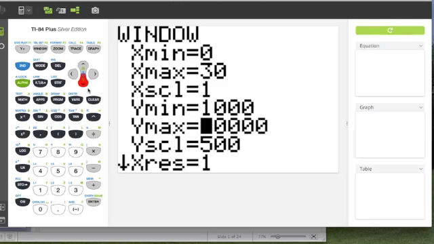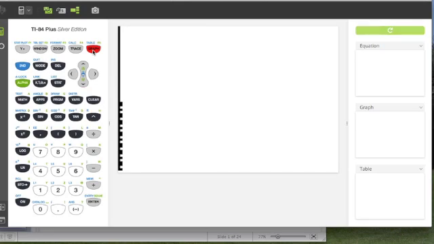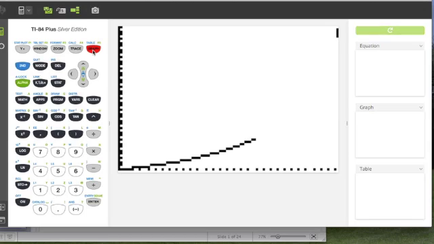We'll go to 20,000. Hopefully that's enough. This is our first one, compounded annually. And this is the second one, you can barely see it going, compounded daily. So you can see that it grows to be a little bit more.